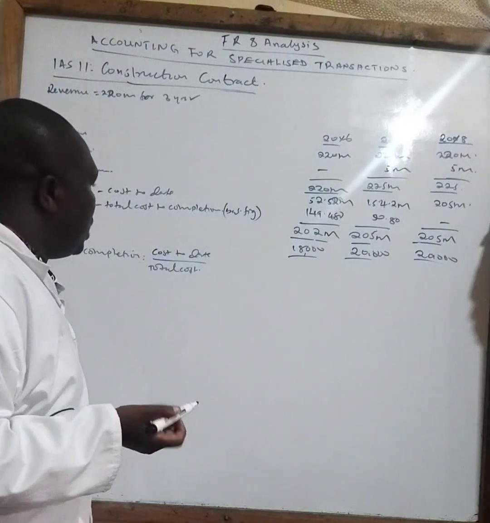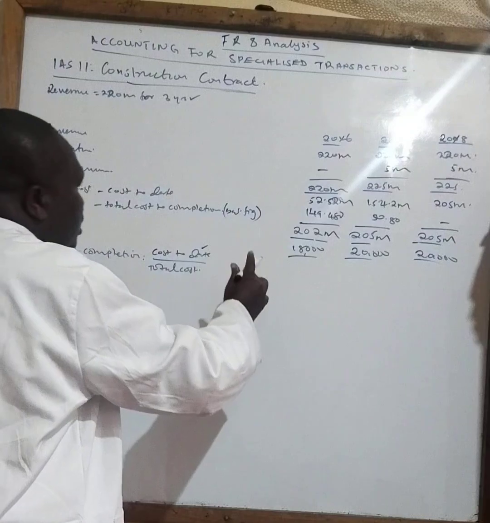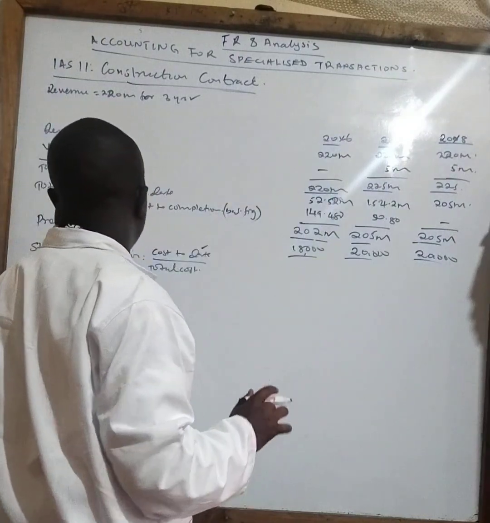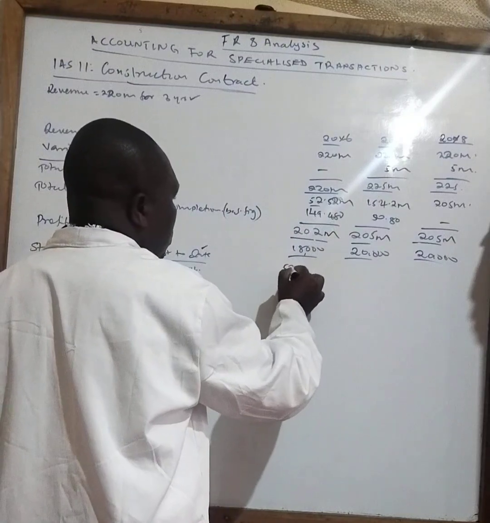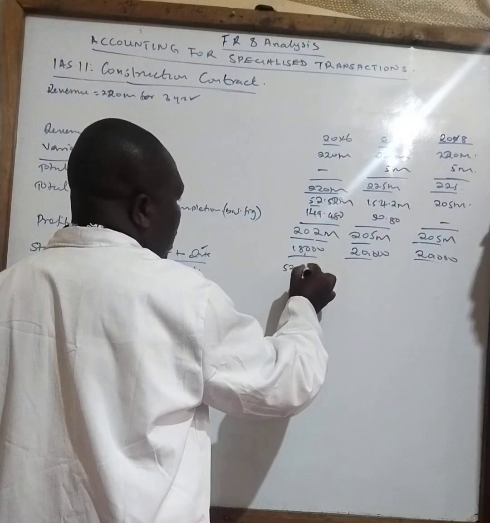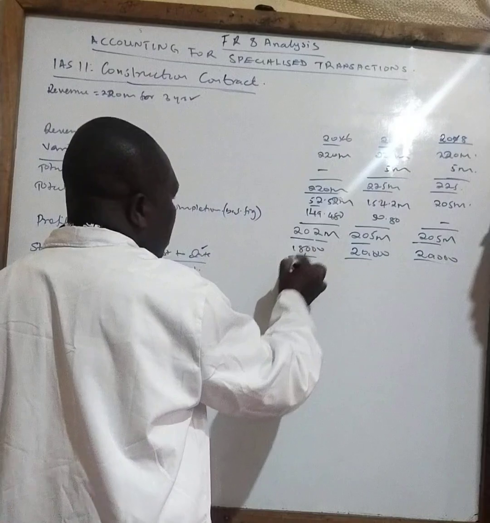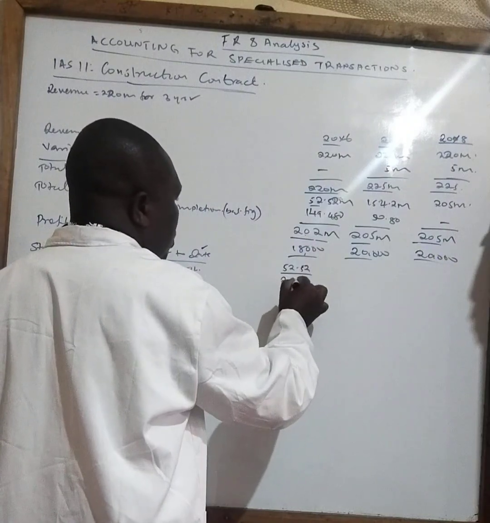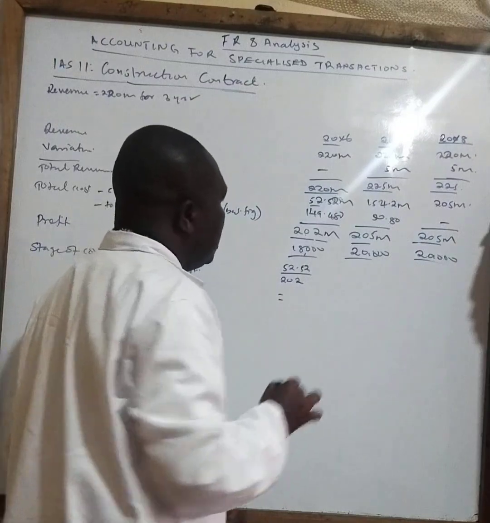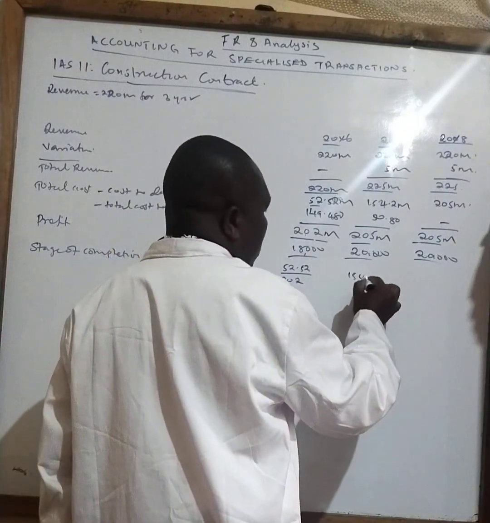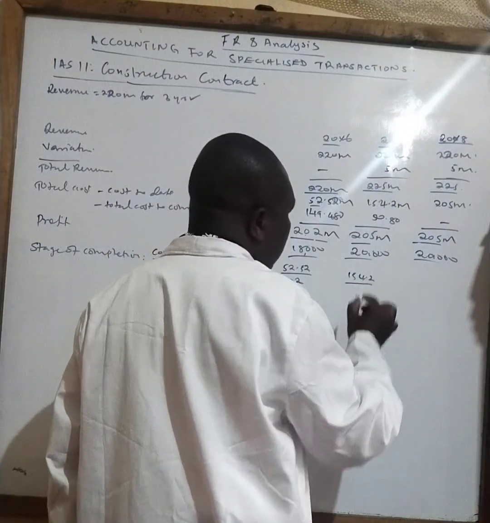Therefore, your work will be very simple. Cost to date for the year 2006 is 52.52 divided by the total cost 202. Then you get the figure. This one is 154.2 divided by the total cost.